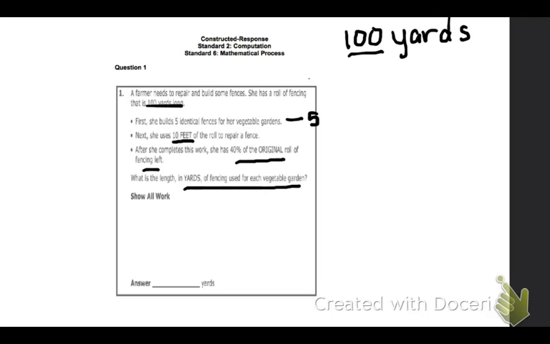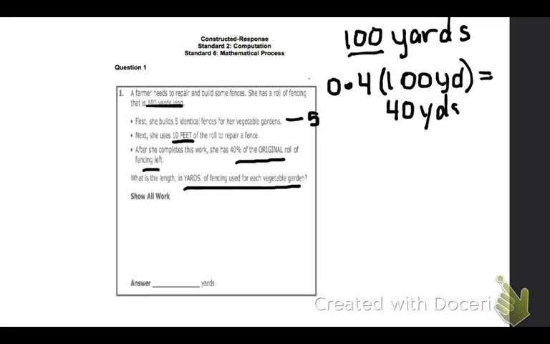So if you started with 100 yards, if I take 40% and turn it into 0.4, or 0.40 if you wish, and I times that by 100 yards, so I don't confuse my feet and yards, I know that she had 40 yards left.